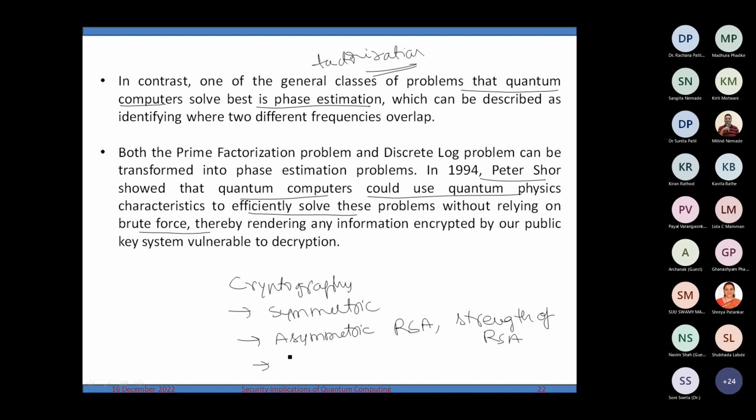Now that problem is getting solved by quantum computers. That means when you solve that problem, we will not have any strength left in public key cryptography. So far, I think we are good to go.